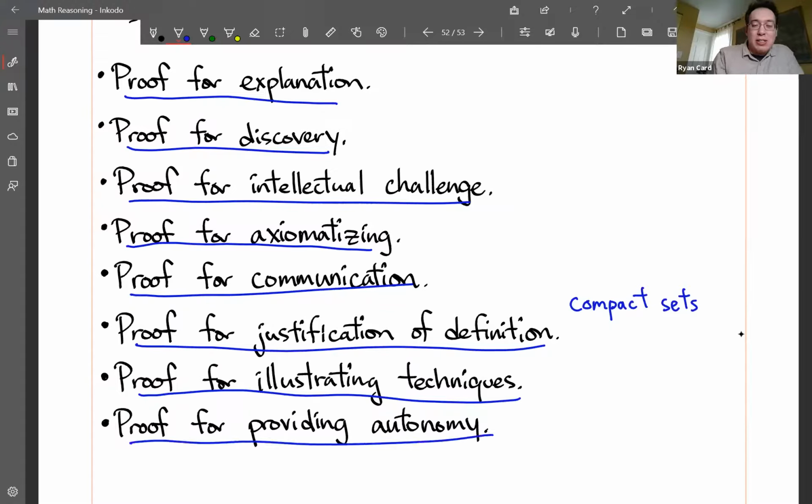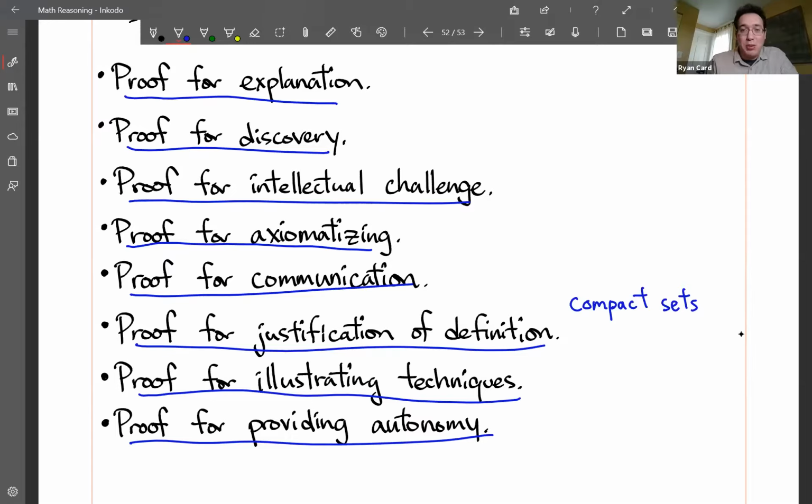And this is, I think, the hardest one that I want to get through to you, which is proof for providing autonomy. My hope for you is that when you learn mathematics, you're not railroaded on this particular theory, where you follow the textbook, you read definition, theorem, and proofs, and never go outside of the exercises of the book.